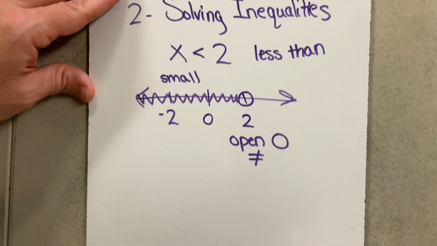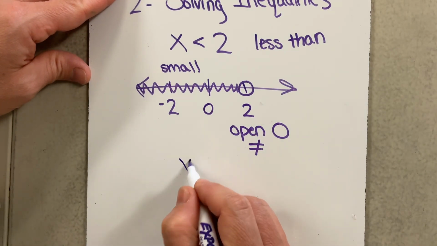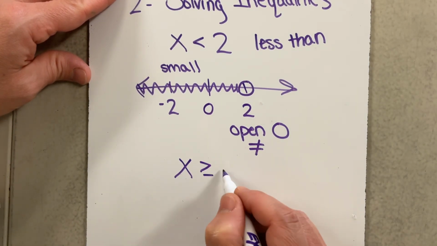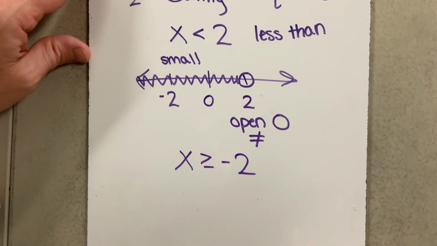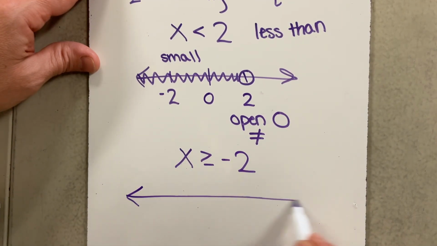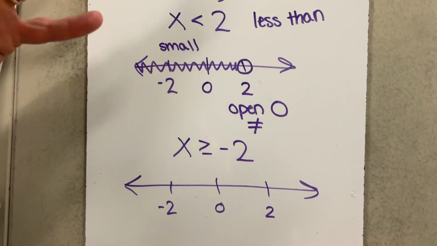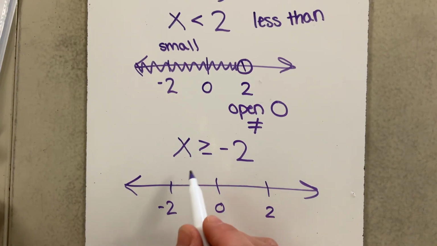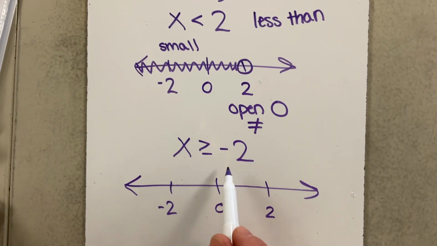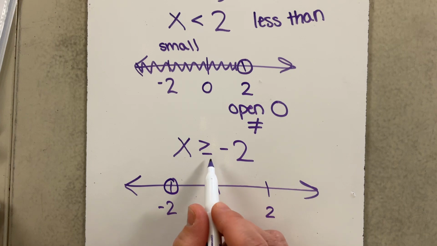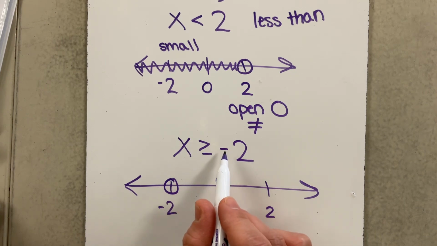Whereas if we had x greater than or equal to, let's do -2, we're again going to set up our number line, 0 in the middle, +2, -2, so that I know that you know which side is which. Now this time we're going to -2, but does x equal -2?